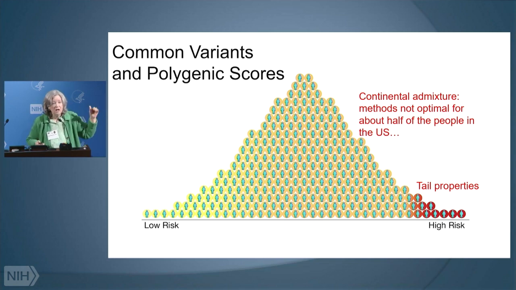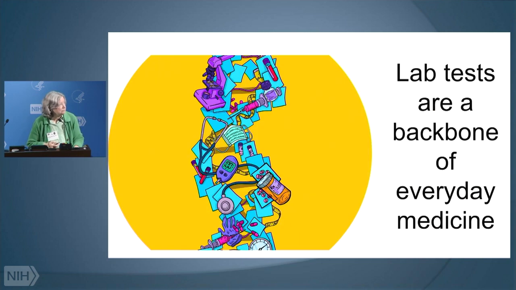We need to improve methods that are already being used to deliver results to our populations. And so we can hardly do this fast enough because it's already happening. So we know by translating genomic discoveries, we are creating new kinds of health disparities.